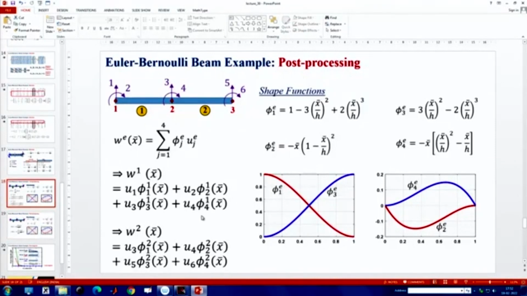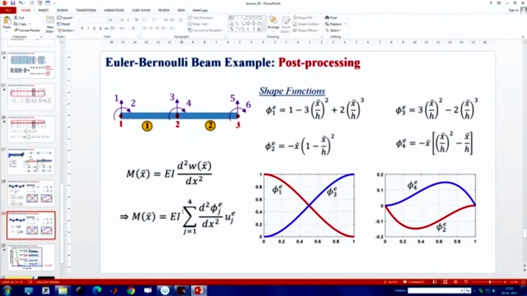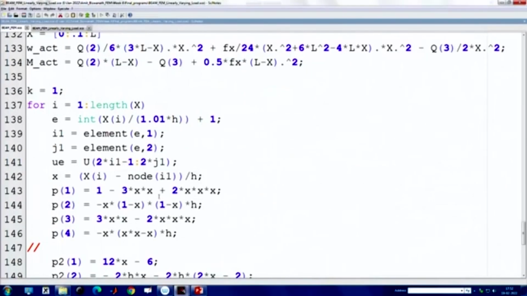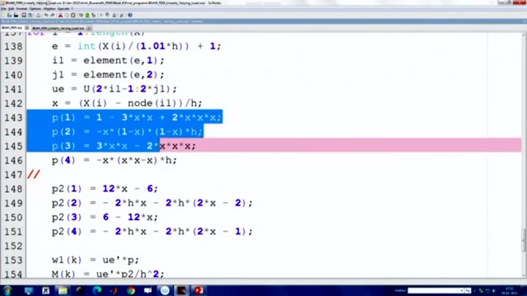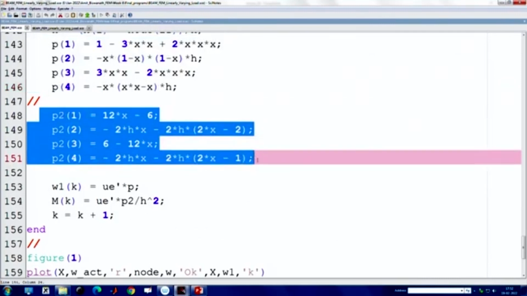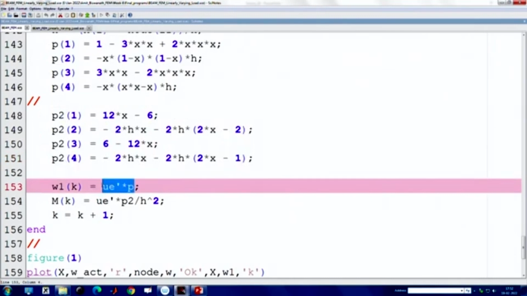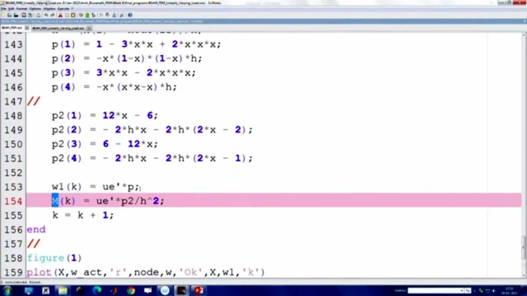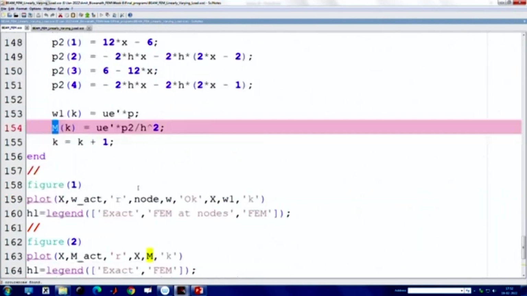This will give you the displacement at any degree of freedom at any point within an element, and this gives you the bending moment at any point within the element. The same equation is written here. These are the shape functions, and these are the second derivatives of the shape functions required to compute the moment at any point. So your displacement will be the shape function and UV, and the moment will be the second derivative of the shape function and UV. This is stored in W1 and M for the transverse deflection and the moment.